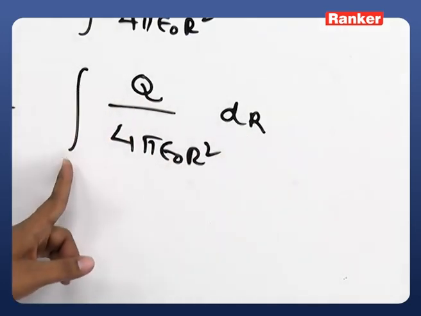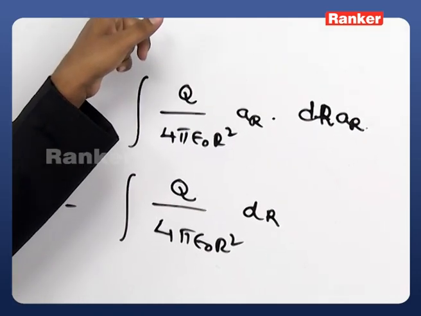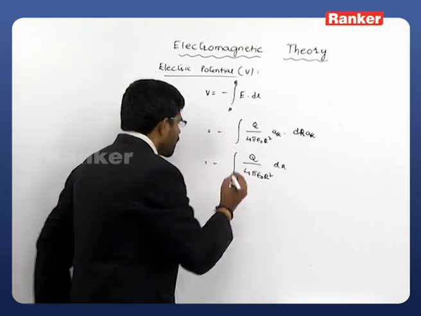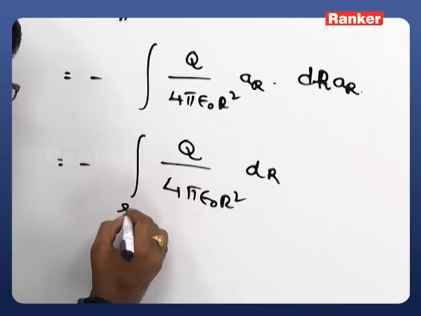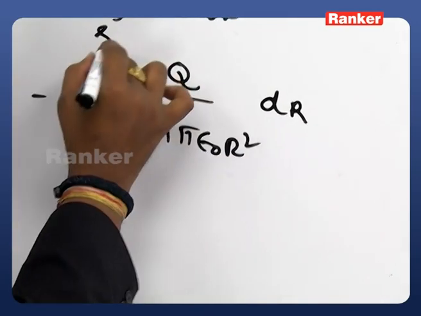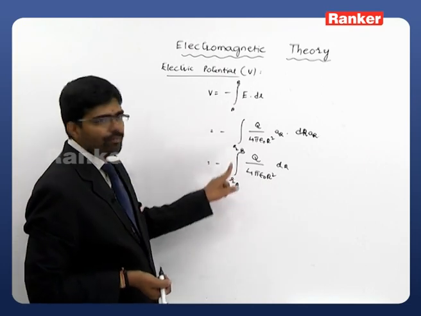Now from which point to which point do we need to integrate this? From point A to point B. So we take the position vectors of point A and point B. Let the position vector of point A be RA and of point B be RB. So the integration is from RA to RB.